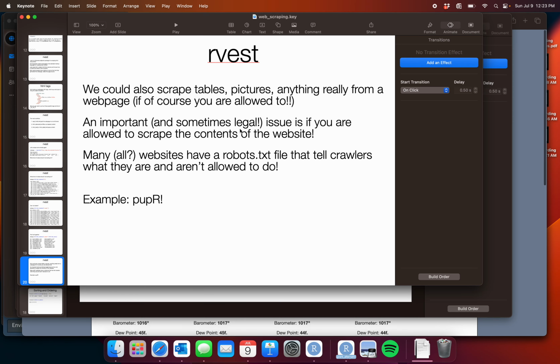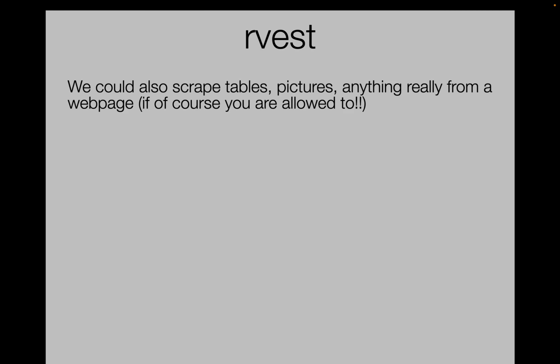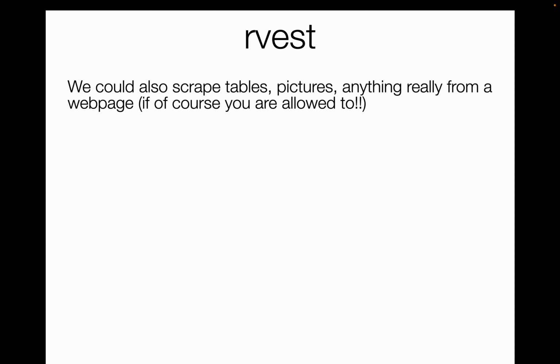Another funny story is that my wife is also a data scientist, and she was doing a project just for fun looking at Taylor Swift lyrics. She was trying to scrape some lyrics from a website, and she did it too fast.